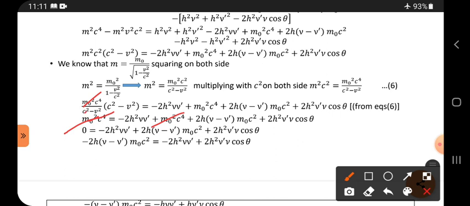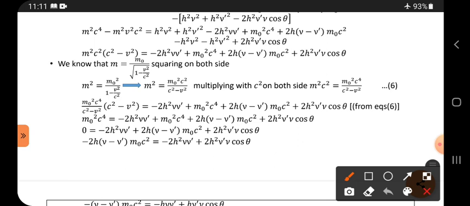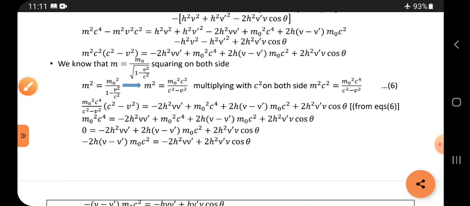This side is nothing, it is 0. All get cancelled on this side, that is why this side is 0. Next, what is present: this one is written, and this is written, and this is also written on this side.